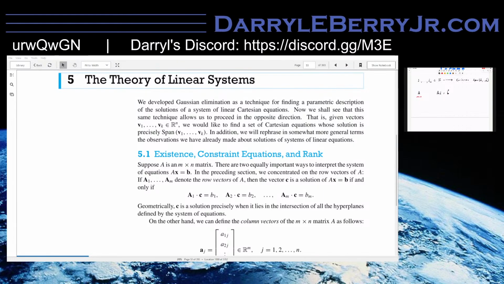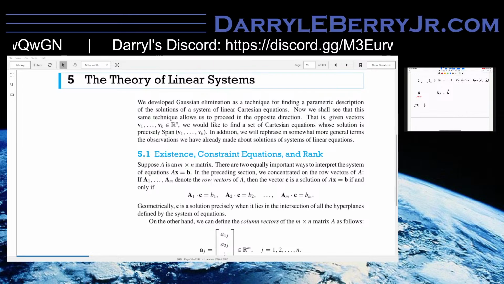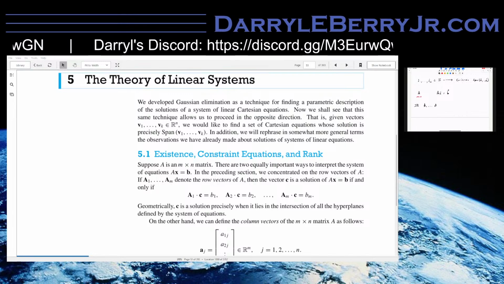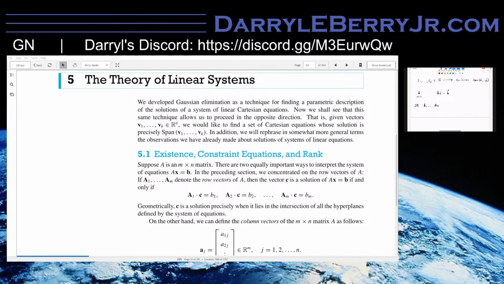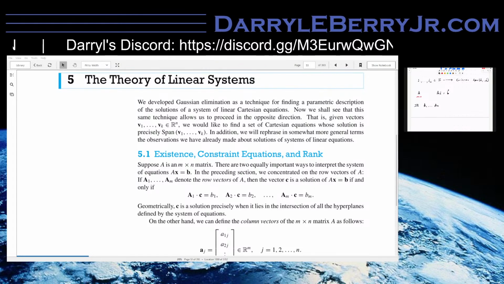So it's saying if A1 to AM denotes the rows, the row vectors of A.